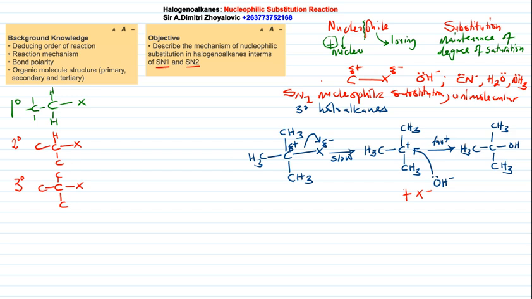So the rate is equal to k multiplied by the concentration of the reactant which participates in the rate determining step. So this becomes C4H9X.